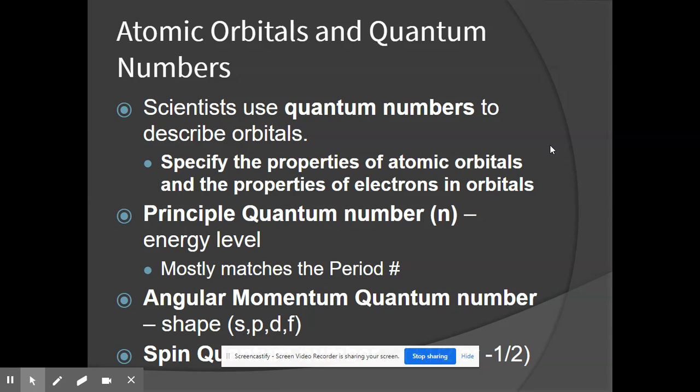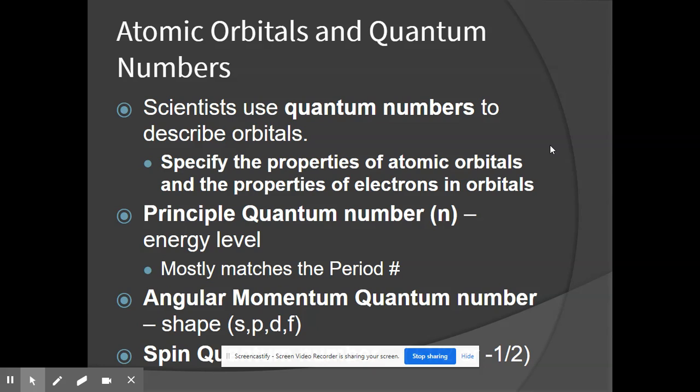Those quantum numbers relate to different parts of the electron configuration of the electron. The first one is the principal quantum number, which is the energy level that the electron is going to exist in. And for the most part, it's going to match the period that the element sits in.